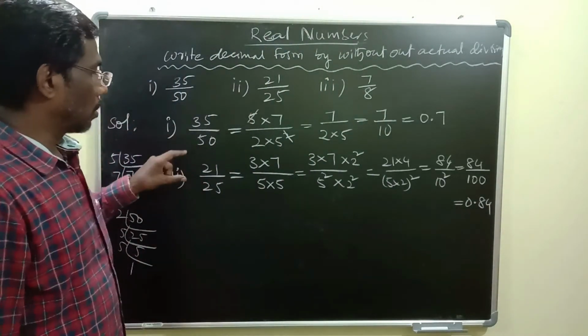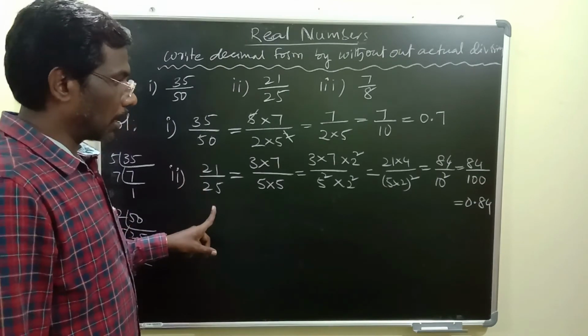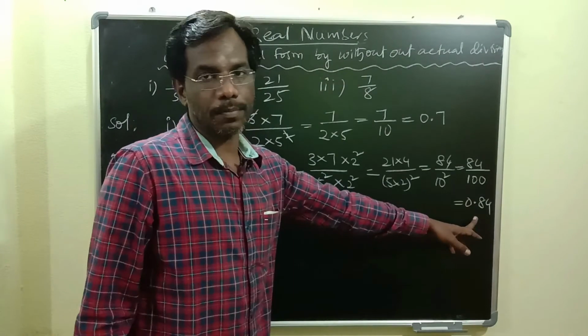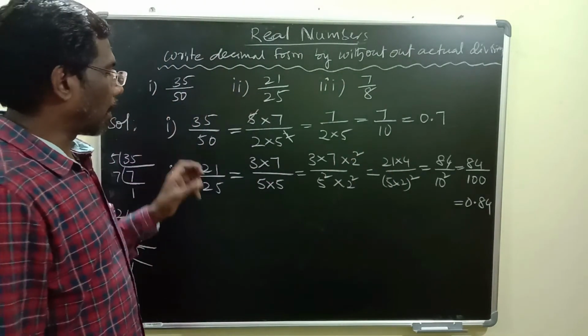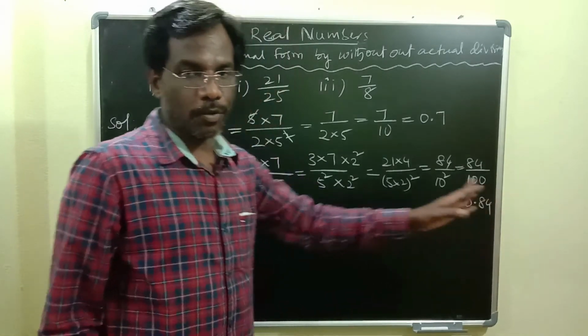So the decimal form of 21 by 25 is 0.84. Now the third question.